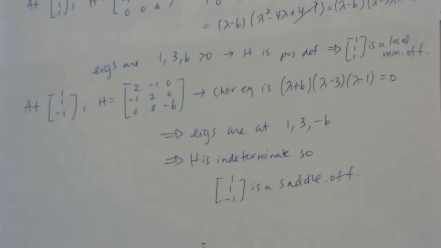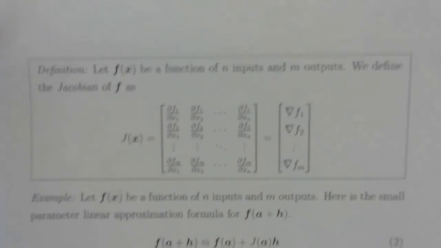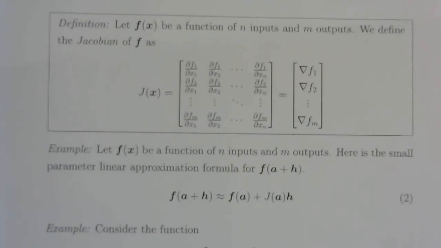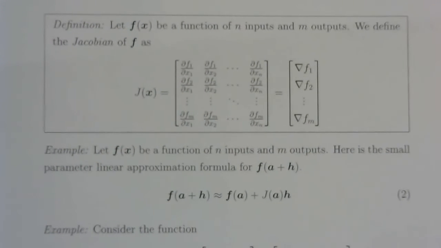Okay, so that is scalar valued functions of multiple variables. What about vector valued functions with multiple variables? This more general case, right? So now let's consider that we have f, which is a function of n inputs, so x1 to xn, and it has m outputs, so f1 through fm, m functions.